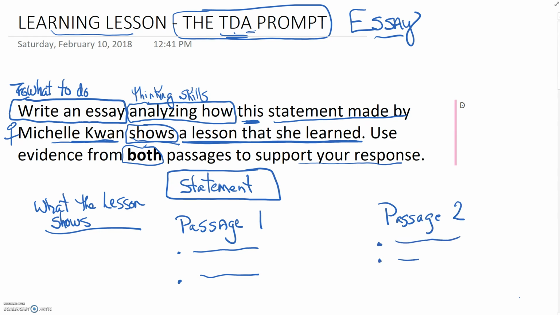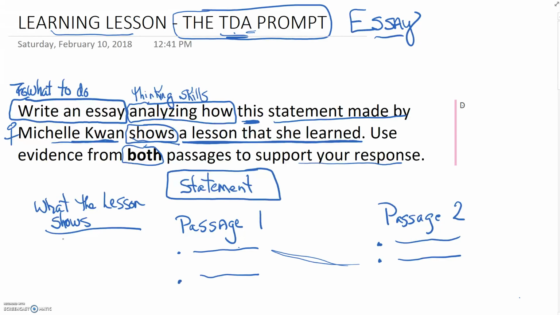So as I'm reading through it, I want to have maybe 2 lists side by side, sketching it out on paper, because it's got both passages, and I want to be able to see, are there things that are the same in both passages, or are there places where it's different in the 2 passages, based on what the lesson shows.